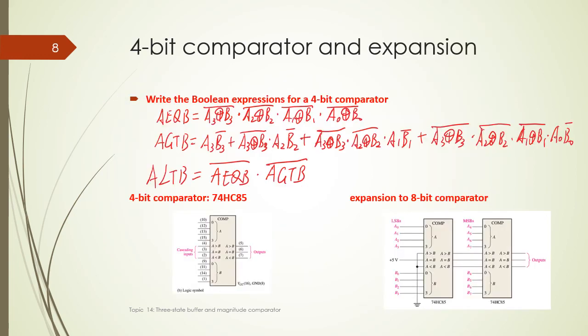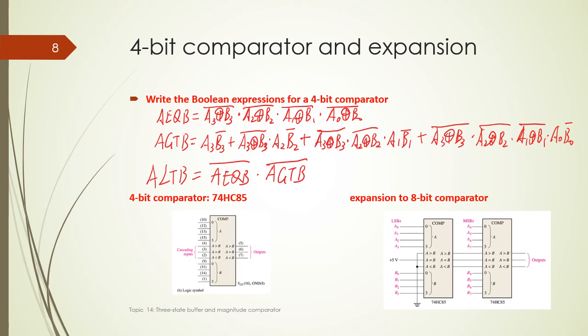Okay. Using a similar idea, we can directly write out the Boolean expression for the 4-bit comparator. Right? You can understand it this way. A equal to B happens when all the 4 bits are equal. Right? A greater than B equals either A3 larger than B3, or if A3 and B3 are equal to each other, then we compare A2 and B2.